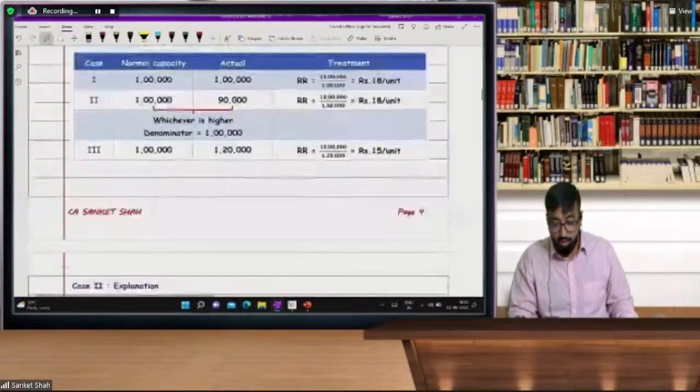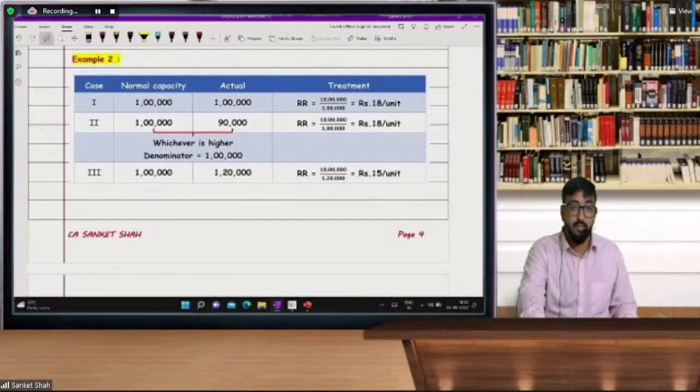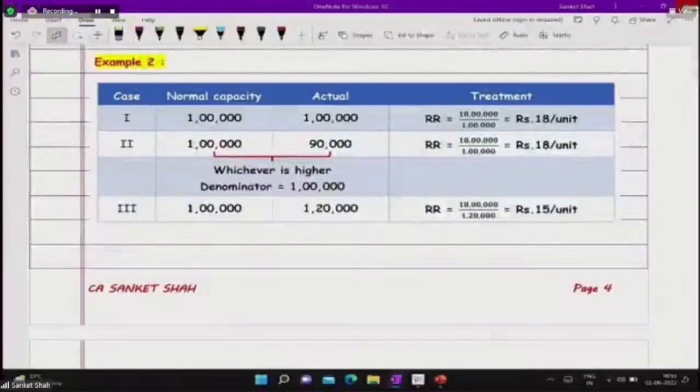Now you can take a screenshot. Example number 2, how to present the answer in exam. Please, beta, take these screenshots and you can write it afterwards. Please make sure that you are writing each and everything. You have to do a lot of practice for this.